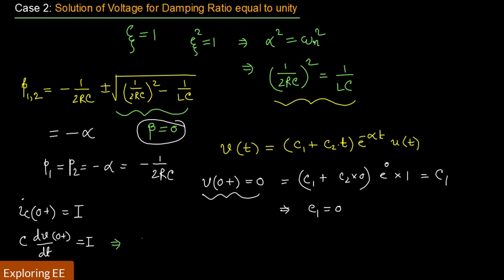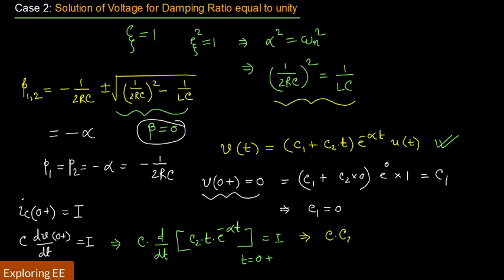So from that we have C d/dt of this voltage expression. Since C1 is 0, we will write only C2 times t into e to the power minus alpha t at t equal to 0 plus, this is equal to I. So C times C2 is constant, d/dt of t into e to the power minus alpha t is coming out to be e to the power minus alpha t minus alpha into t into e to the power minus alpha t, that is equal to I, and this value is valid for t equal to 0 plus.